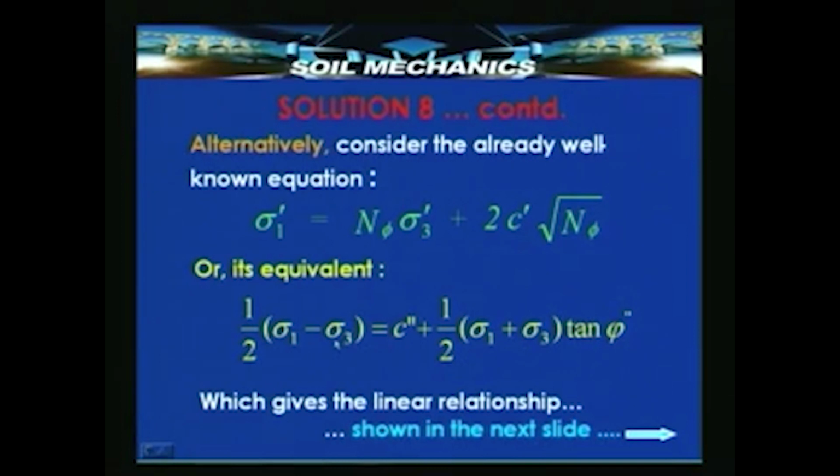Now, you find this equivalent expression, that is the second expression, is a linear expression, and if you therefore plot half of sigma 1 plus sigma 3 along the x axis and half of sigma 1 minus sigma 3 along the y axis, we will get a linear relationship which is shown in the next slide.